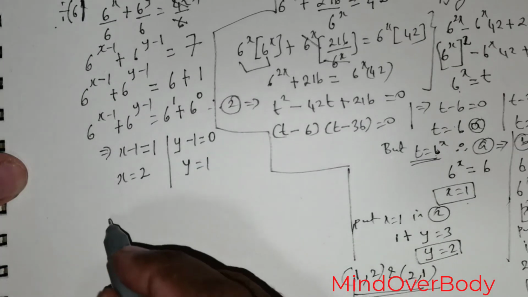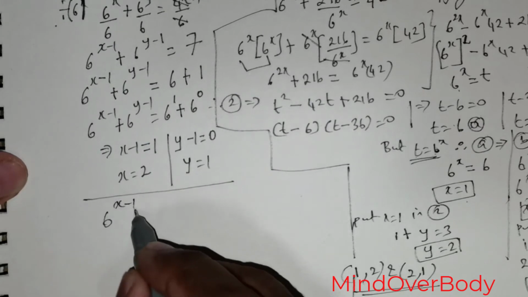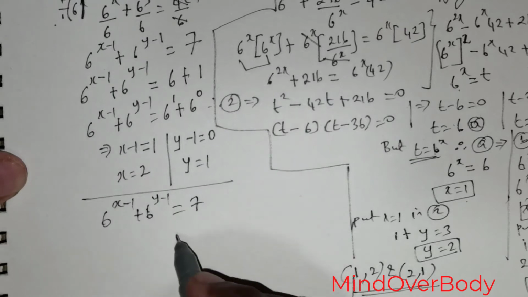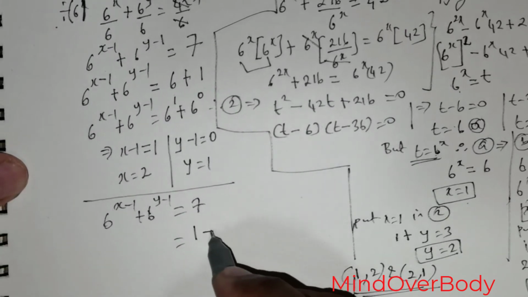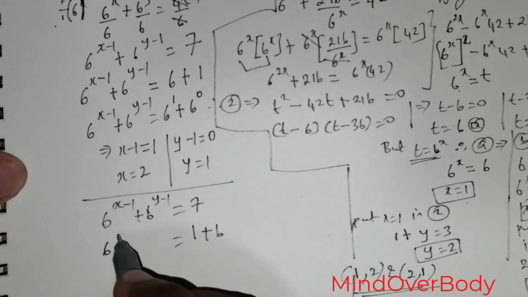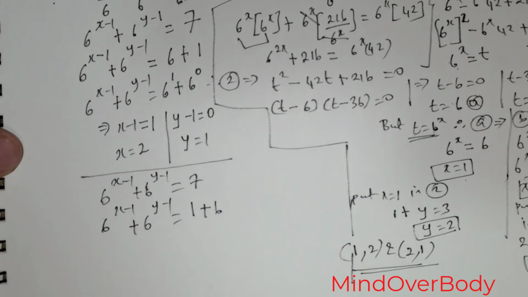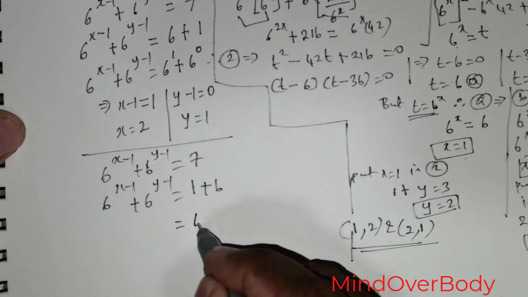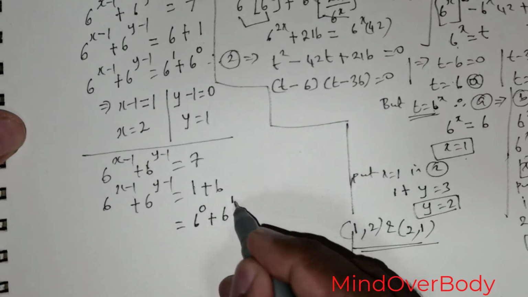Now to get the other solution, let me just start off from here. 6 raised to the power x negative 1 positive 6 raised to the power y negative 1 is equal to 7. Now instead of breaking it as 6 and 1, if I were to break it as 1 and 6, I would have 6 raised to the power x negative 1 positive 6 raised to the power y negative 1. So this would be equal to 1, I can rewrite 1 as 6 raised to the power 0, and 6 I can rewrite it as 6 raised to the power 1.